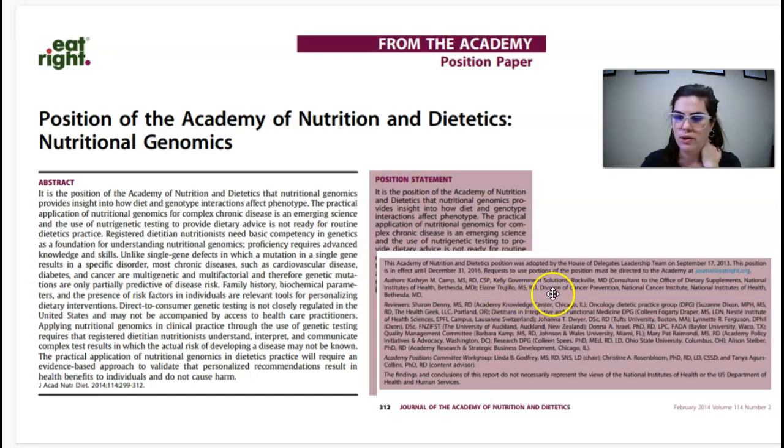It shows where she works at the Division of Cancer Prevention, National Cancer Institute, National Institutes of Health. So all of that is to kind of disclose where these people work and maybe if any specific biases could be introduced. Then they have reviewers as well. This is going to be for any academy position paper or publication. There's always going to be groups or individual people that review those manuscripts.